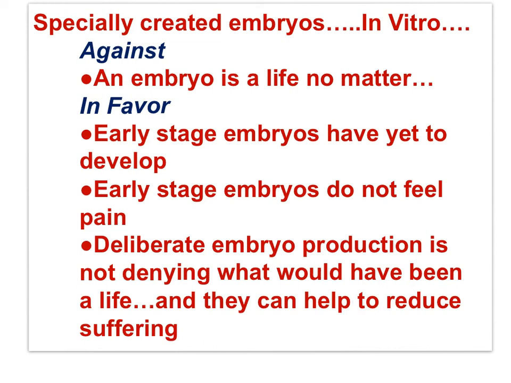Against the use of embryos as stem cells would be that an embryo is a life, no matter what. In favor of using embryos for stem cells would be that early-stage embryos have yet to develop, early-stage embryos do not feel pain, and that deliberate embryo production is not denying what would have been a life. And these embryos, with their stem cells, could help to reduce suffering.